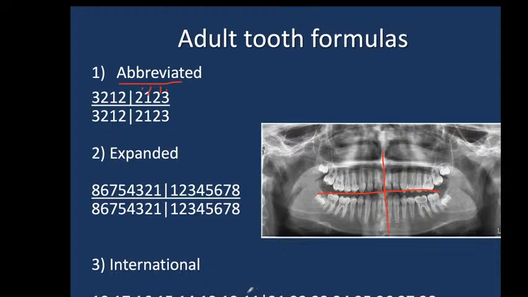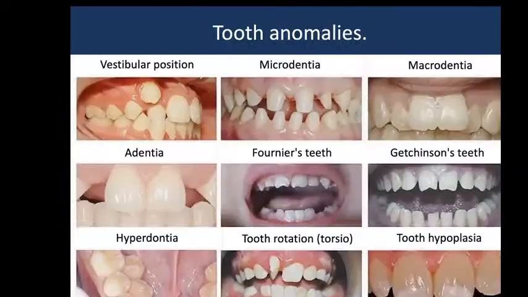All of the first sector has number 1 here, and all of the teeth are indicated with a special number, and then the second is this one. This is the second segment, third segment, and fourth segment. So don't forget, we usually ask you about tooth formulas when you pass the exam. You have to know these formulas.